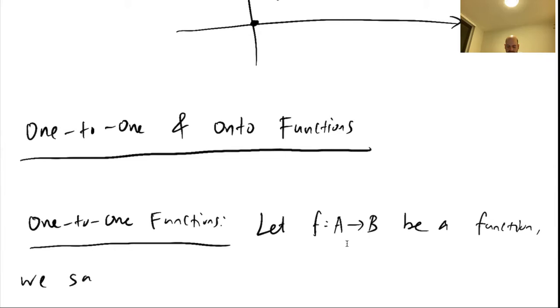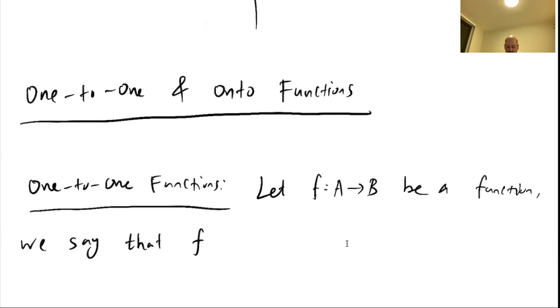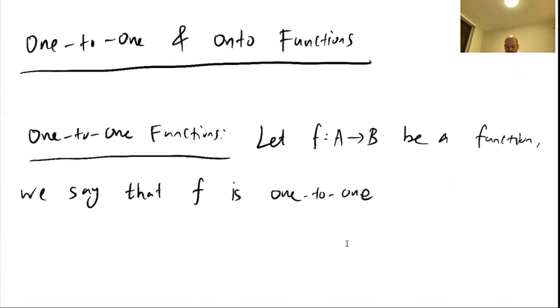We say that f is one-to-one if f has no repeated output.